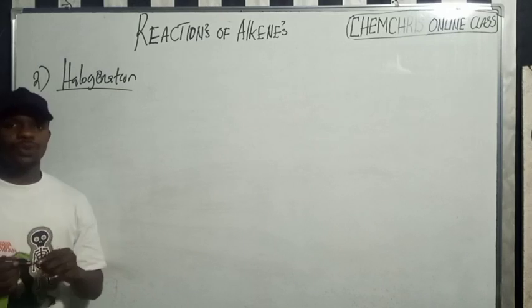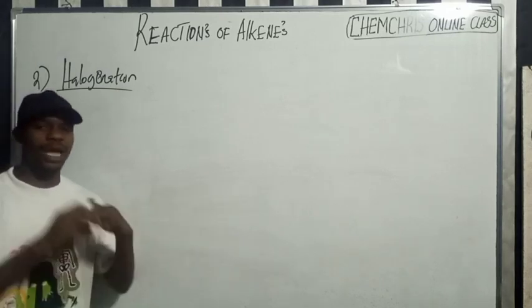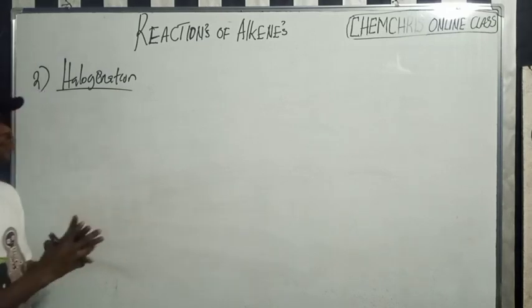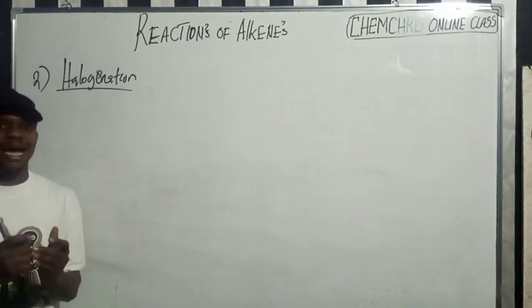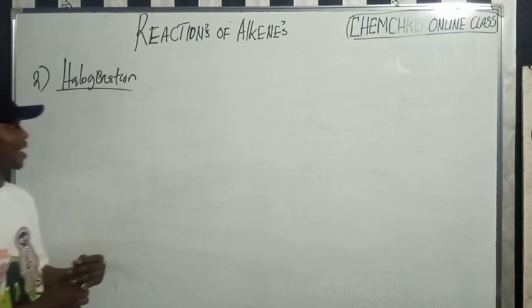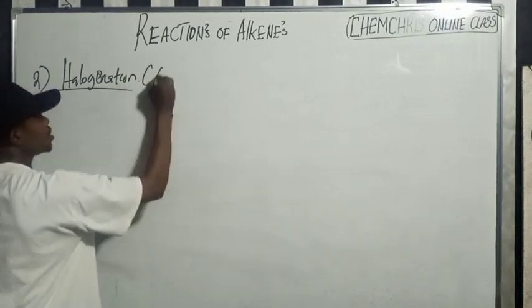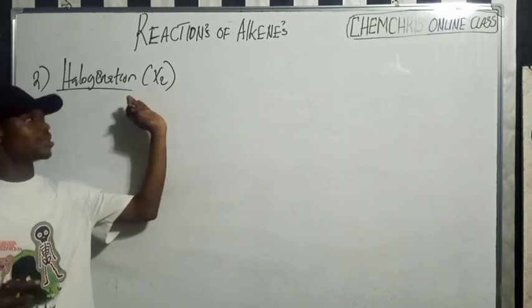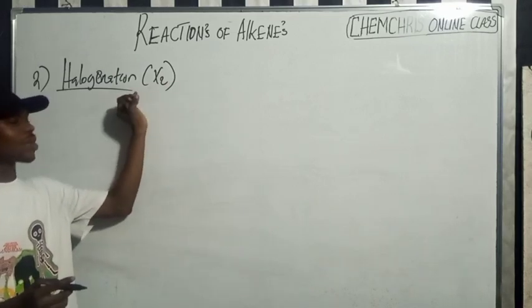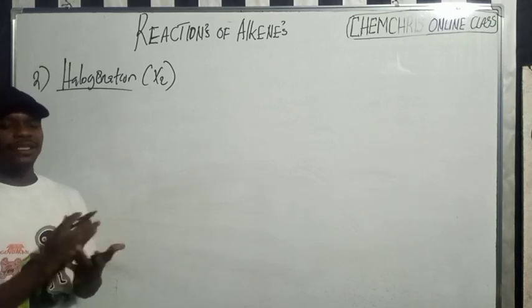Now, halogenation means what? Addition of halogens. When adding halogens to alkenes it is called halogenation. Now the product I want to get is called dihaloalkanes. So in the sense that you are adding halogens. Now there is no catalyst here. So the reaction can proceed like that.